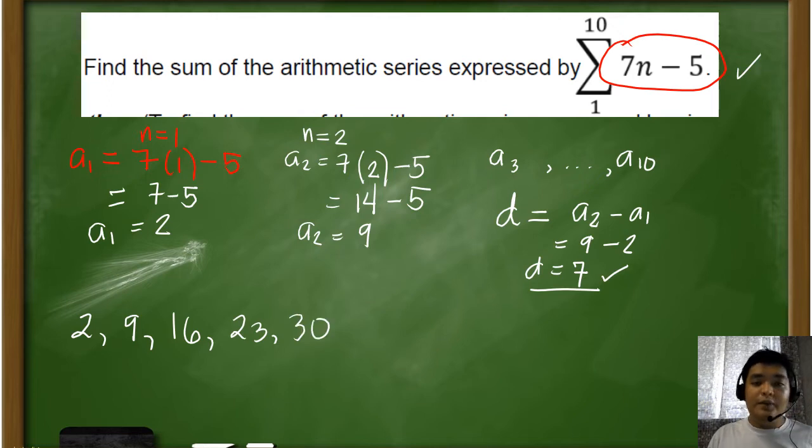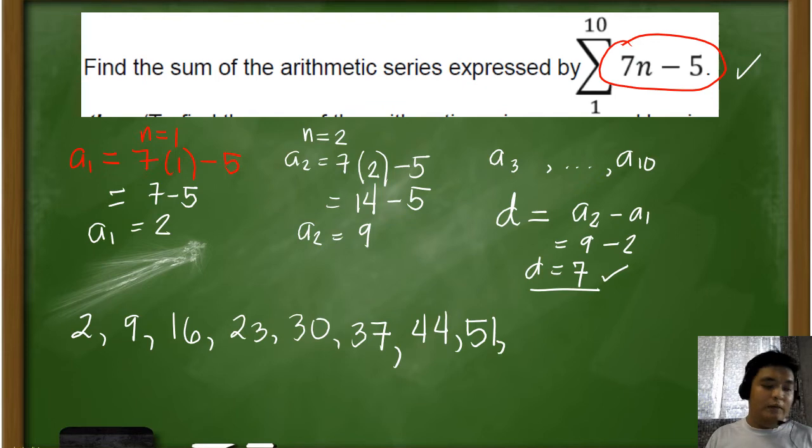Then 30 plus 7 is 37. 37 plus 7 is 44. Then 44 plus 7 is 51. Then 51 plus 7 is 58. Then 58 plus 7 is 65. I think this is the last term.